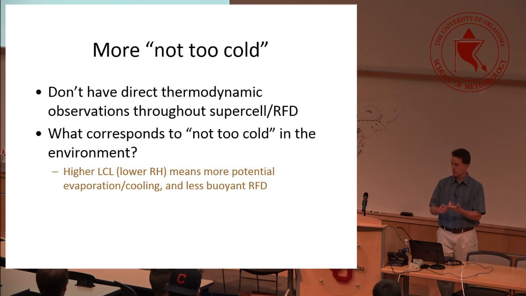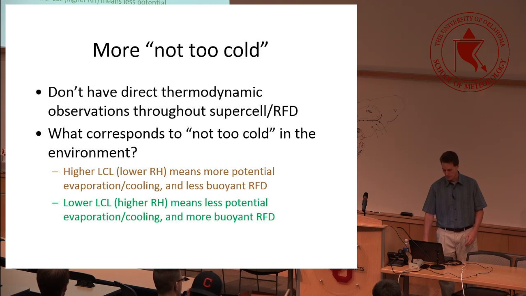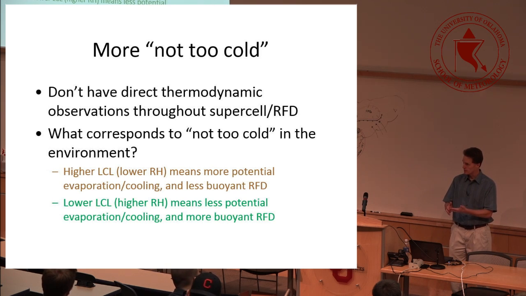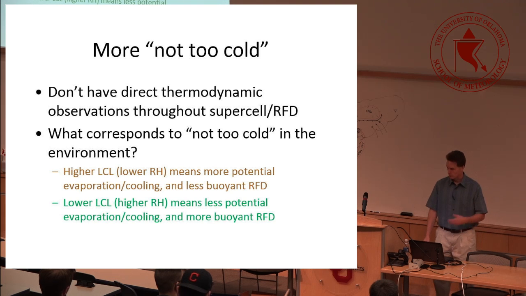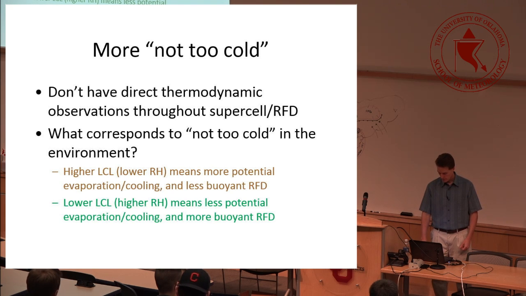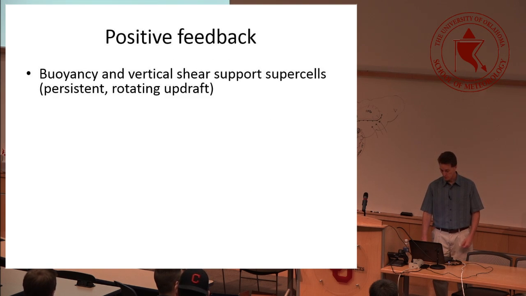You can use temperature dew point spreads. You could use low-level relative humidity. In this case, we're using the 100 millibar mean parcel LCL height, but that's just to be consistent with the buoyancy calculations and everything else. Again, moist environments favor weaker downdrafts, more buoyant air in the low levels. Near the storm's low-level mesocyclone, that can be stretched and amplified in the right circumstances. So it's a positive feedback.